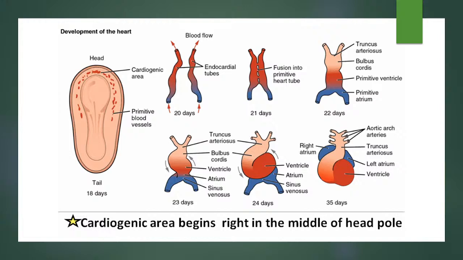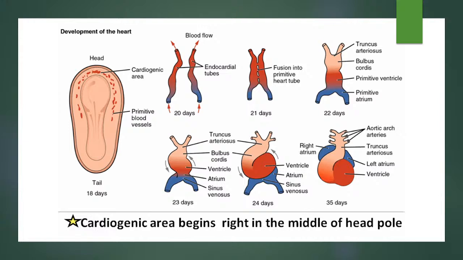Angiogenic cell clusters, which lie in a horseshoe-shaped configuration in the plate, coalesce to form two endocardial tubes.